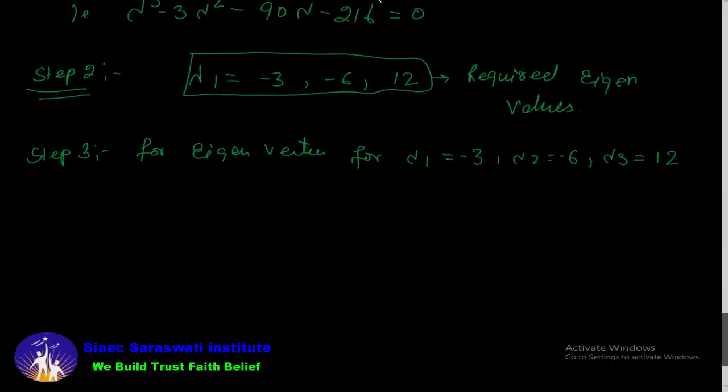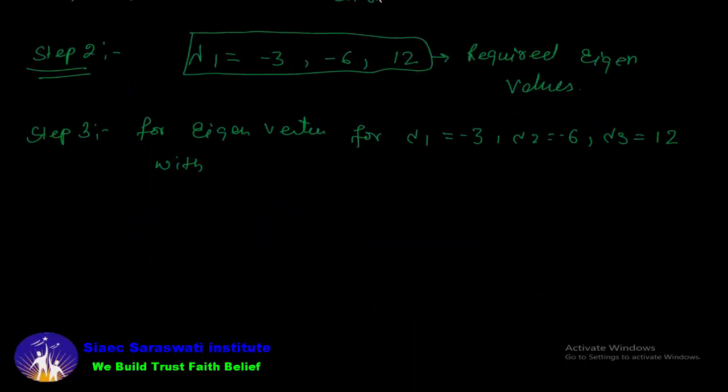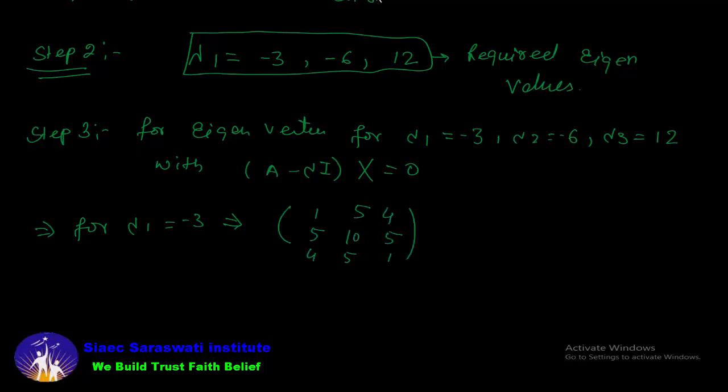We will start with the equation (A minus lambda I) into capital X equal to 0. So for lambda 1 equal to -3, it will be the matrix 1 5 4; 5 10 5; 4 5 1 into variables x1 x2 and x3 equal to 0.